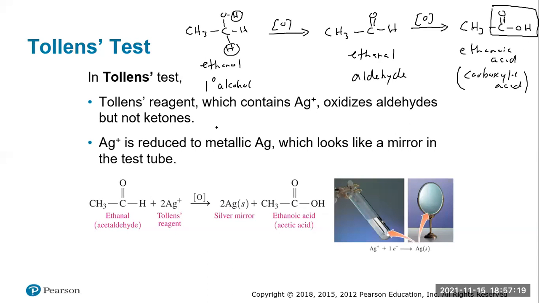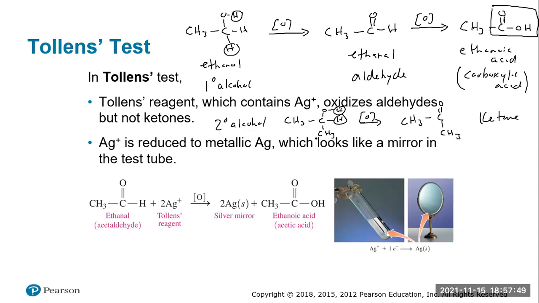Now, if you take a secondary alcohol like this guy, and you oxidize it, H and H come off, and we end up with what we talked about earlier. This is a secondary alcohol that ends up as a ketone.